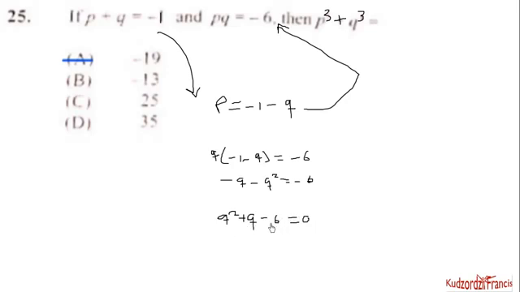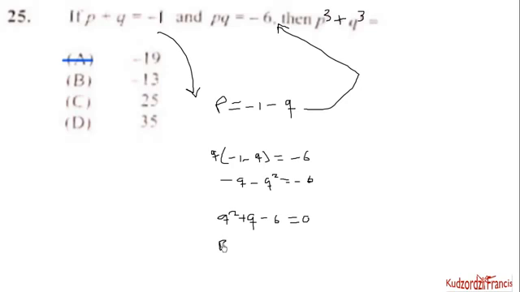So we have this quadratic trinomial. To factor this, we look for two factors of -6 that will add up to 1, since the coefficient of Q here is 1. Two factors of -6 that will add up to 1 are 3 and -2.